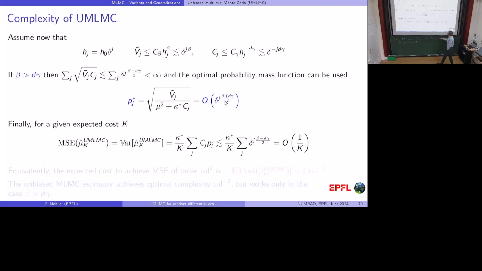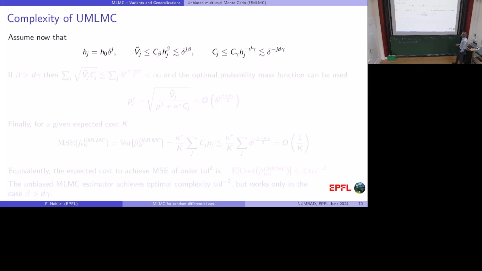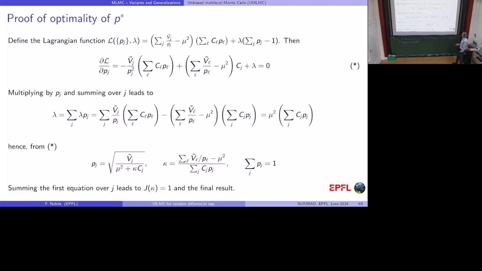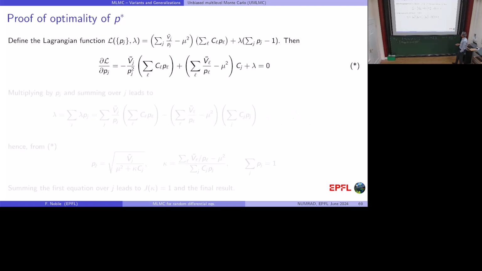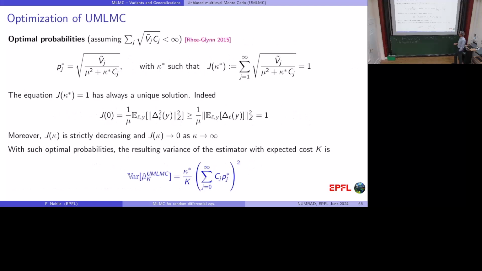And then we can look at the overall mean square error for a given cost, which is the same as the variance. So again, I used the formula for the variance. We have a typo here. And I have a typo either on this slide or on the other one. I believe there should be a square.